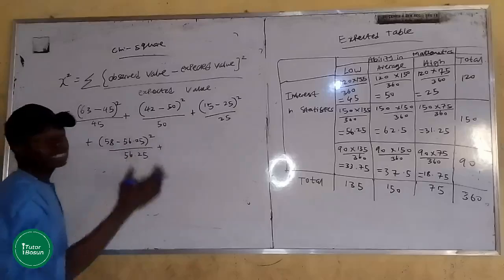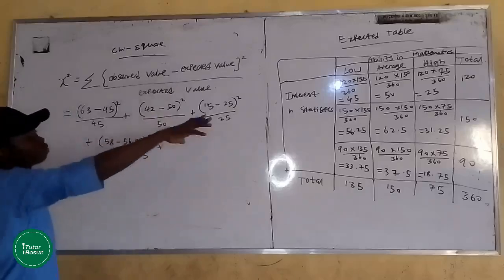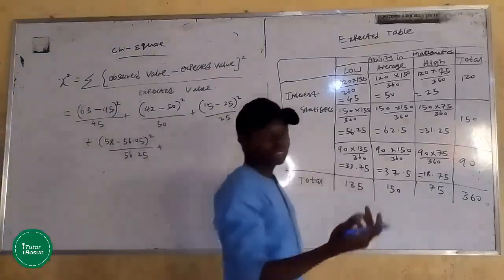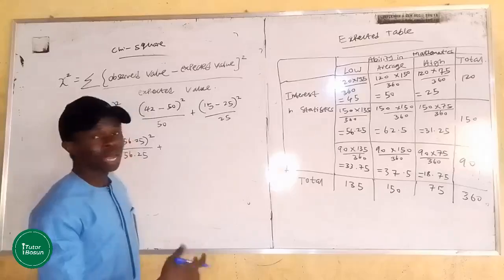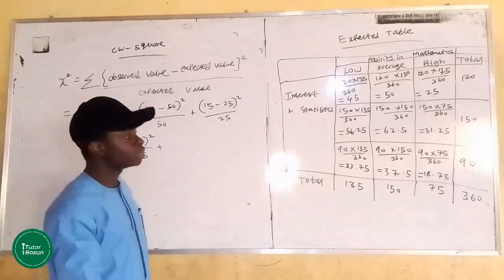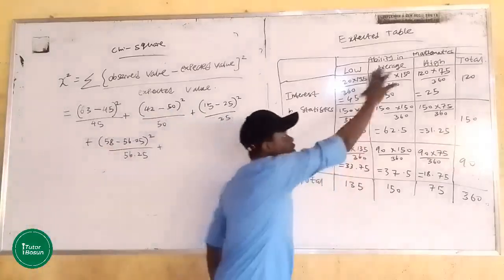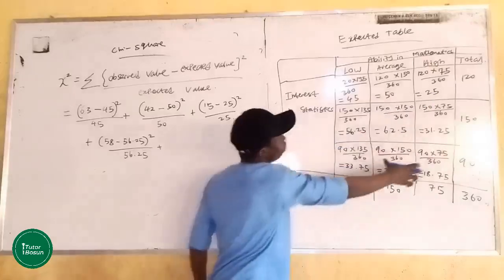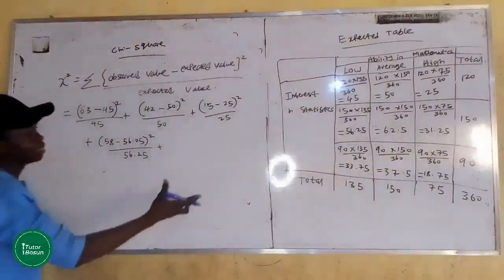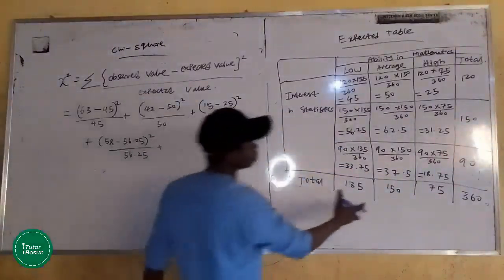So you might not necessarily need to compute everything in the table, because your calculator has a certain limit. Not all calculators can take everything here. As you can see, we are having about 9 terms to compute here.